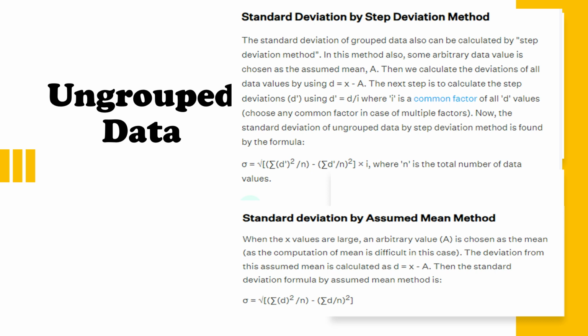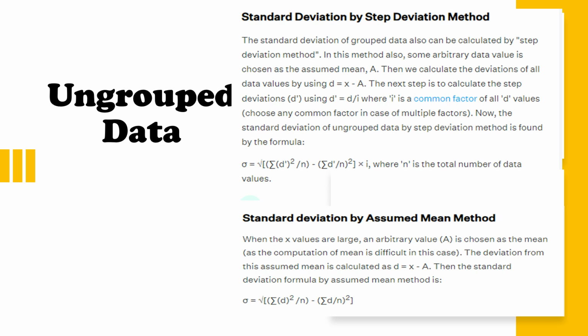In this method, also, some arbitrary data value is chosen as the assumed mean A. Then we calculate the deviations of all data values by using d is equal to x minus A. The next step is to calculate the step deviation d' is equal to d divided by i, where i is a common factor of all d values. Choose any common factor in case of multiple factors.